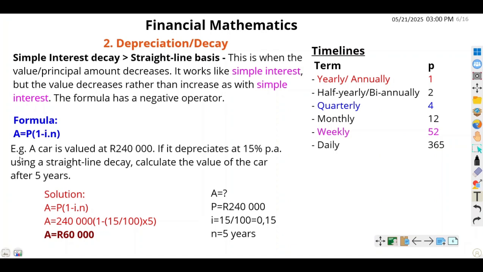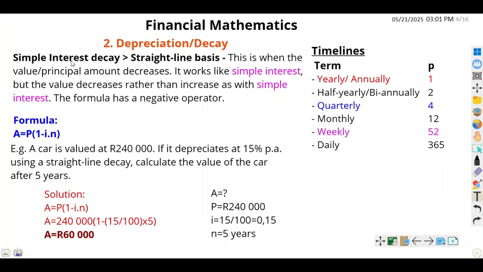So let us look at this first example. A car is valued at 240,000 rands. If it depreciates at 15% per annum using a straight line decay, you see, straight line decay, we know it is simple interest decay, because it's just interchanging the words.